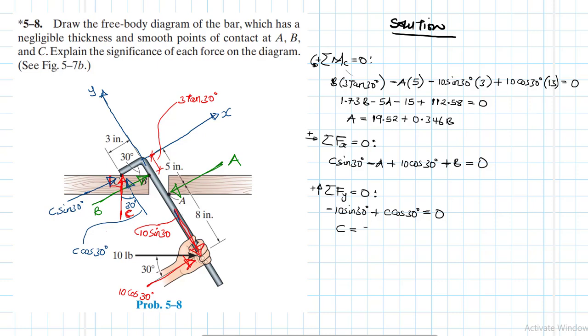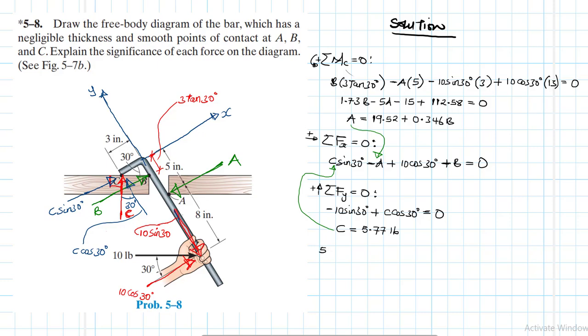So this gives me a 5.77. This one is pounds. Alright. So we found what C is. Let's replace C. Here we get this C, we replace it there. And then we replace this A here.